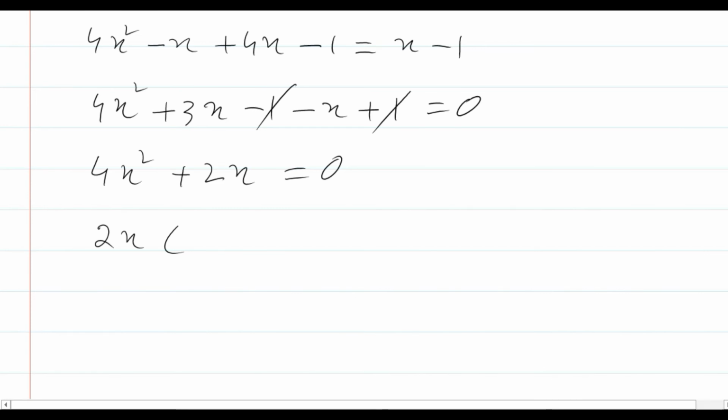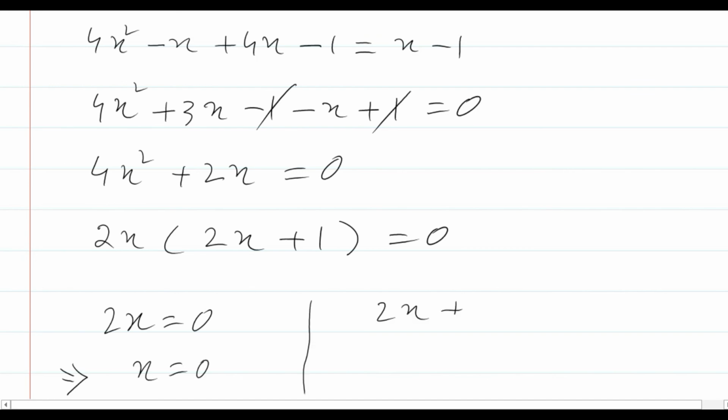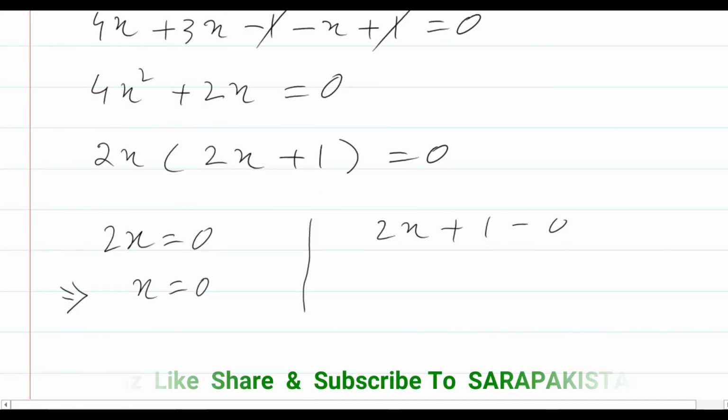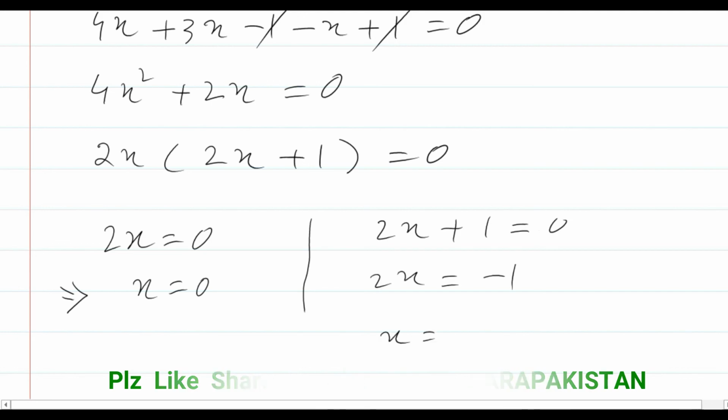Now either 2x equal to 0, which gives x is equal to 0, or 2x plus 1 equal to 0, which gives 2x equals minus 1 and x equal minus half.